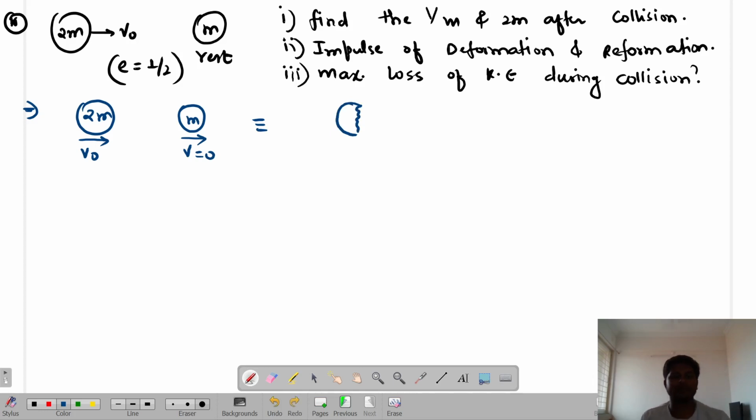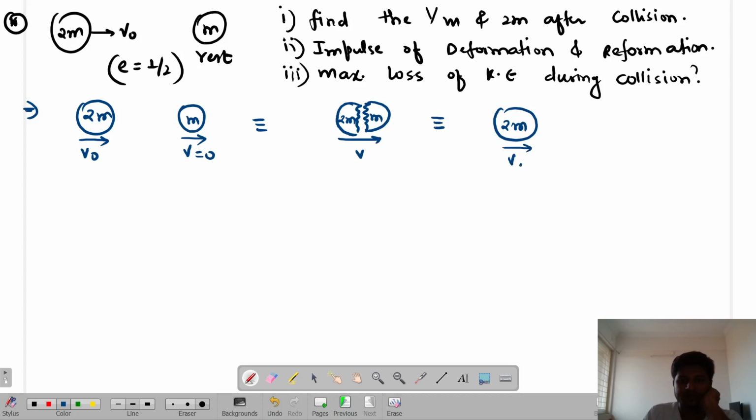To find deformation or reformation, you should always consider the deformation case. M will move with a common velocity, and then after separation, 2m will move with some other velocity V1, and m will move with some other velocity V2.